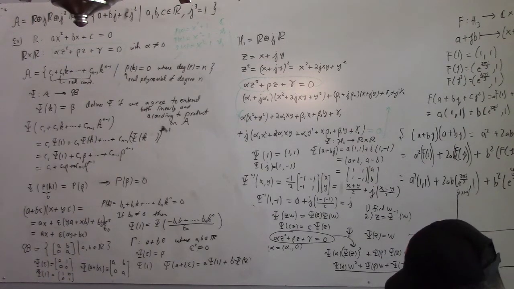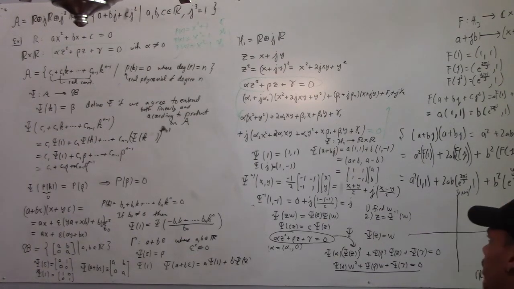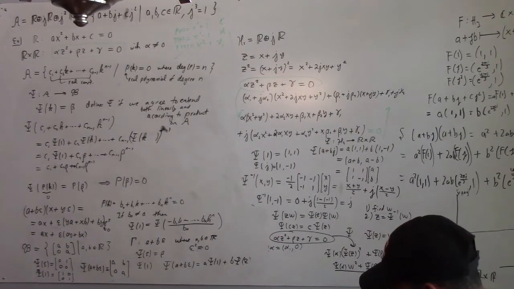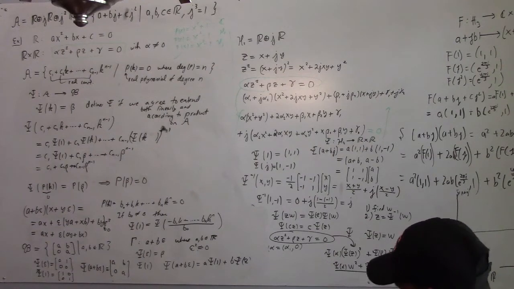So if we have an algebra generated by one generator, it suffices to map the identity and that generator. That will be unique.